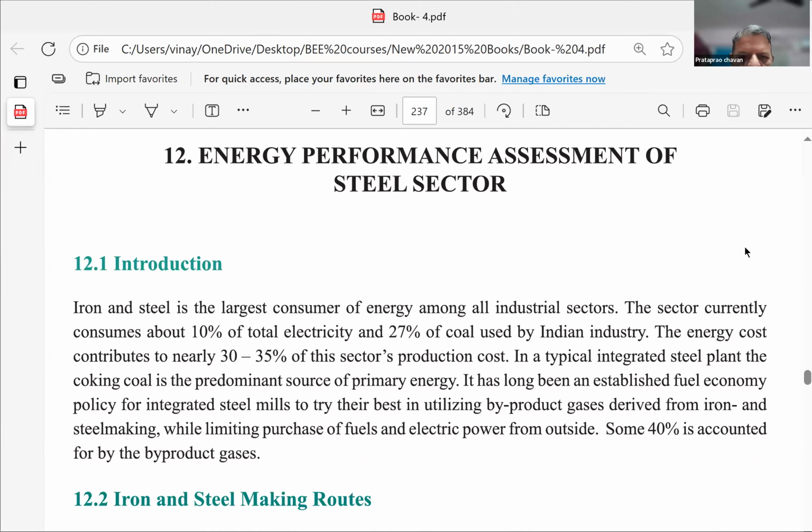Yes, sir. Fine. Now, this sector, energy performance assessment of steel sector. While studying in book number 2, it's my observation, you will also agree with me, that in book number 2 or even book number 4, we have studied the performance level of boilers and furnaces, whether the furnace is electric, gas, coal or biomass, anything which produces heat.